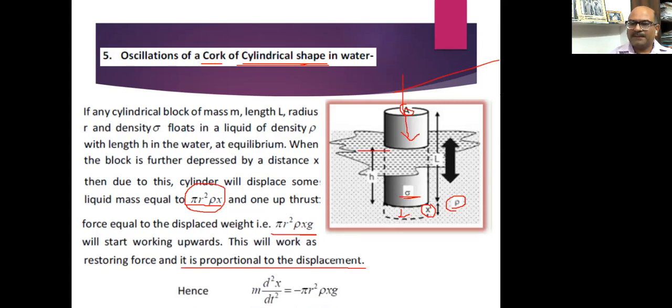So it means m d2x by dt square is actually this restoring force, minus pi r square rho g x. What is this pi r square? It is actually the area, where the radius of this cylindrical block is r.